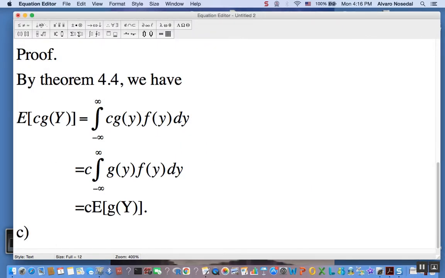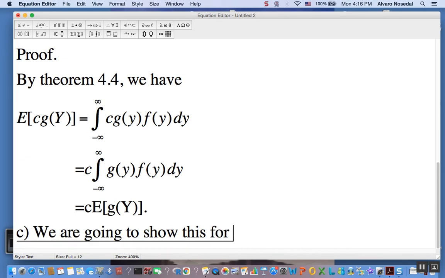So we are going to show this for just two of them, g1 and g2.